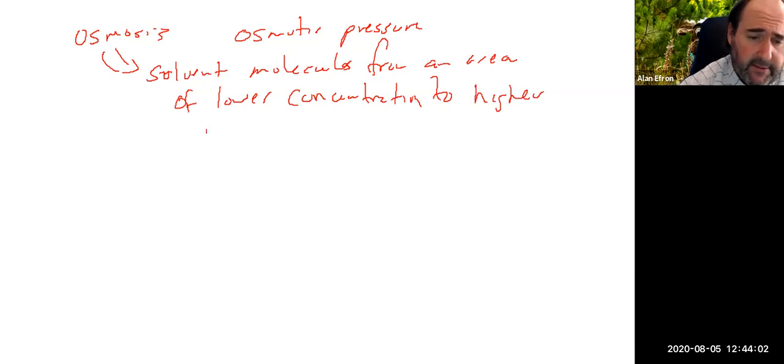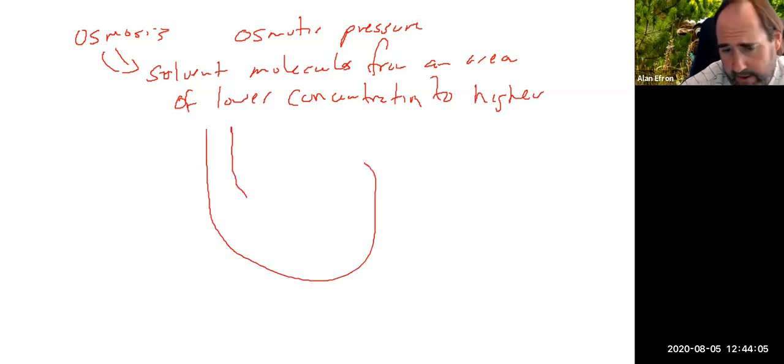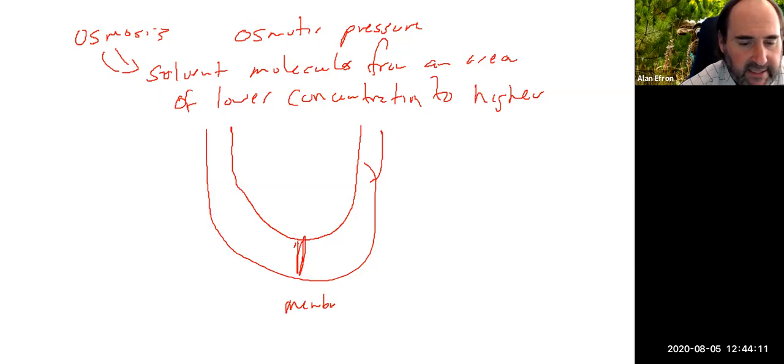I think I drew it maybe better in this drawing here. We have a membrane involved there, a semi-permeable membrane, which allows certain size molecules to go back and forth.